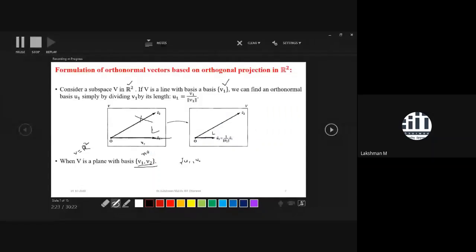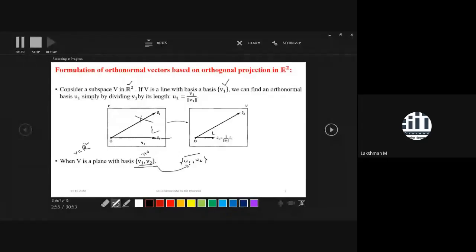From now onward, remember that whenever I use the notation Ui, it represents an orthonormal basis, and when I represent basis elements by Vi, those represent a non-standard basis. So we want to convert this non-standard basis into an orthonormal basis.